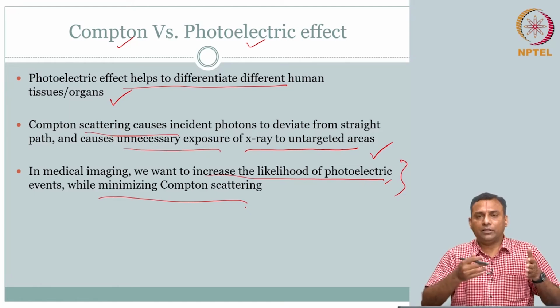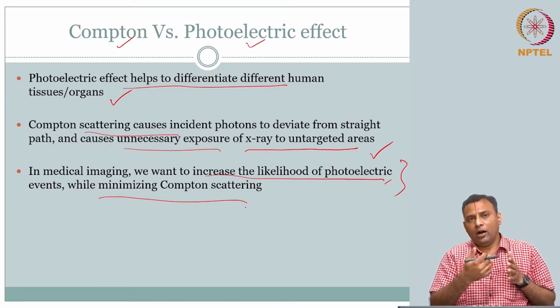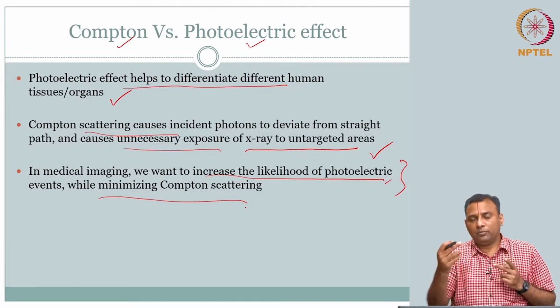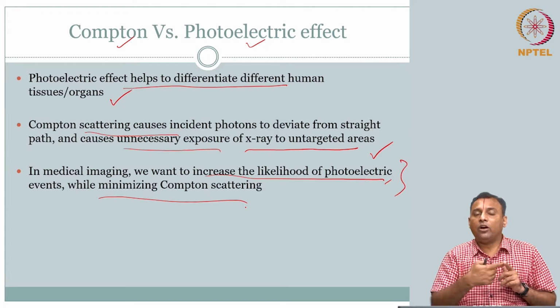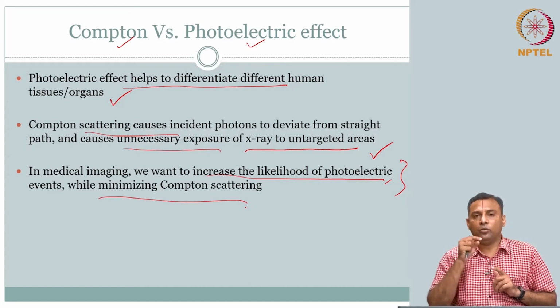Like the example we saw, the angles are coming. So we can calculate how to minimize the Compton scattering, because from the perspective of dose that is one thing, and the other perspective is that it also contributes to noise. I am probably looking at some signal coming straight through.